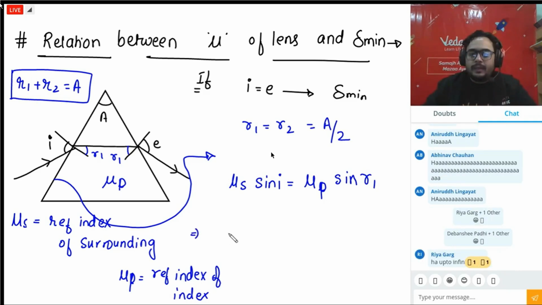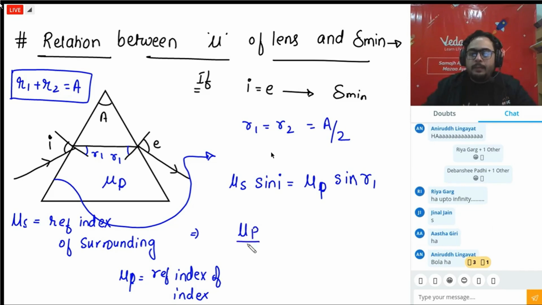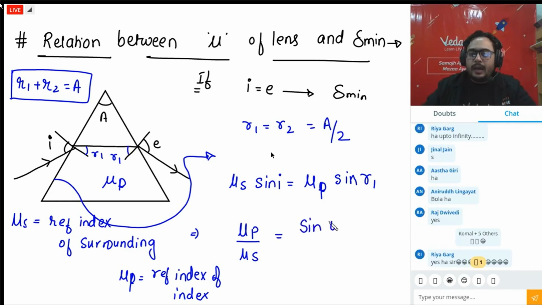So can I say mu of prism by mu of surrounding should be equal to sine of I by sine of R1?